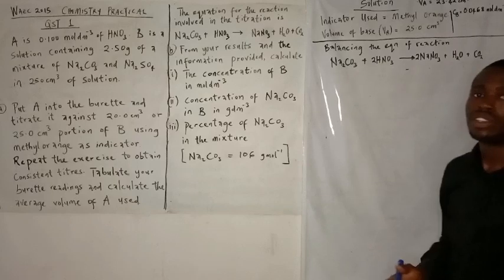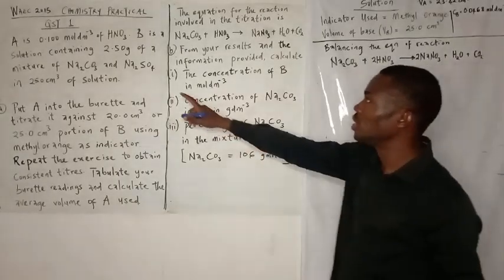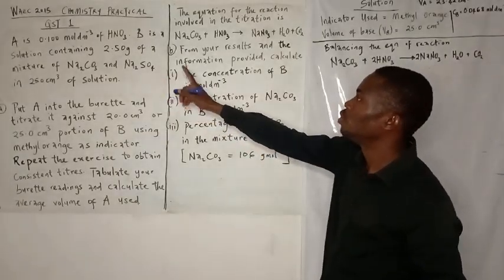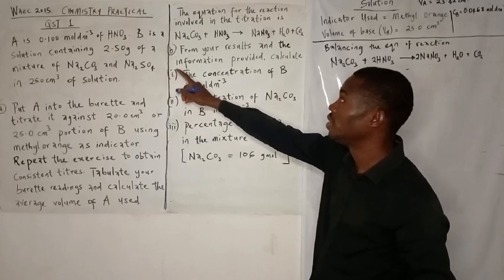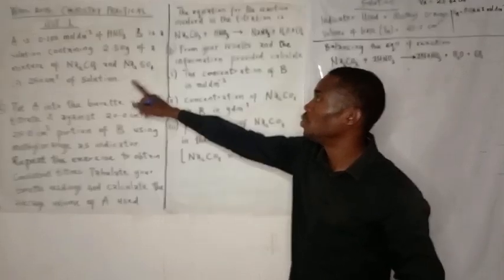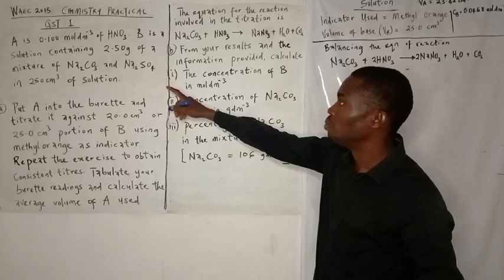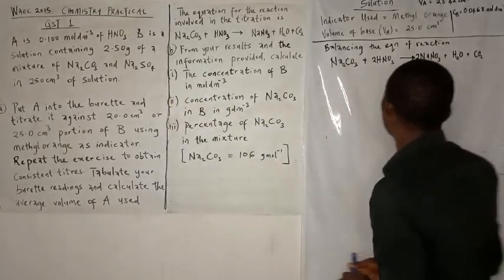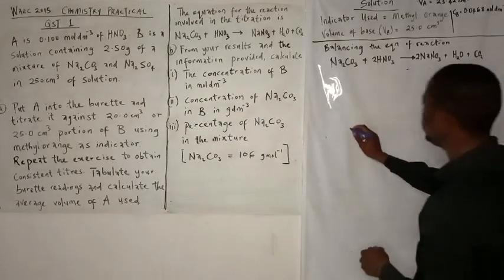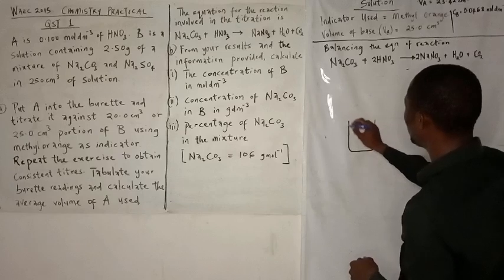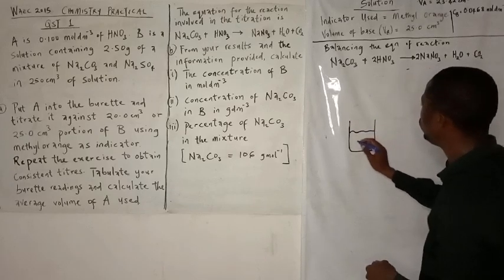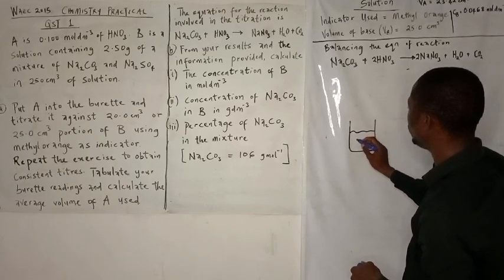Before then, I want to draw your attention to something. You will notice that the question says A is 0.1 mole per dm cube of trioxonitrate V and B is a solution containing 2.5 grams of a mixture. So you have B to be this, and then that B is a mixture. So B has two components in it.